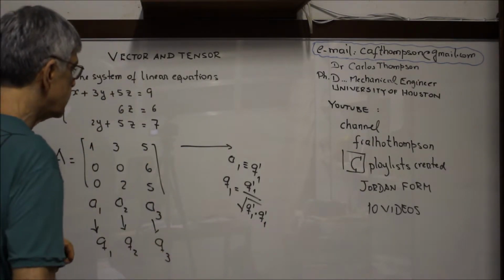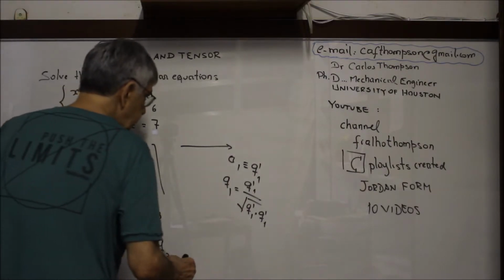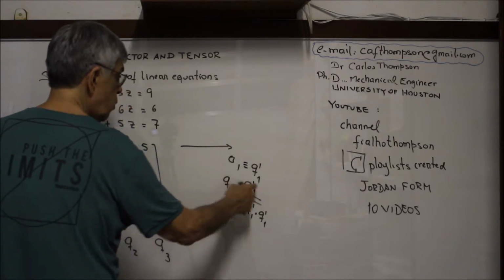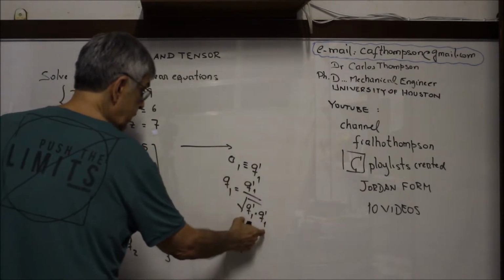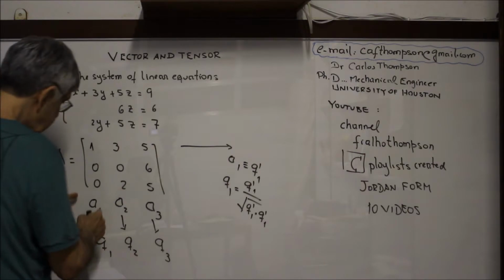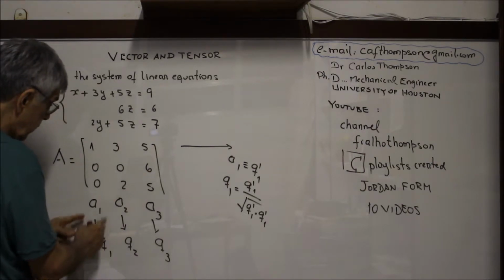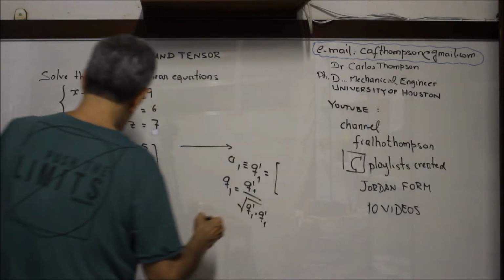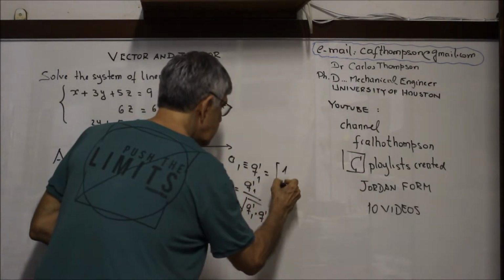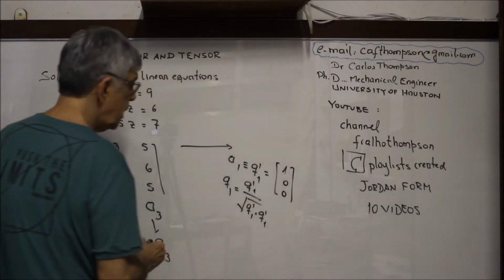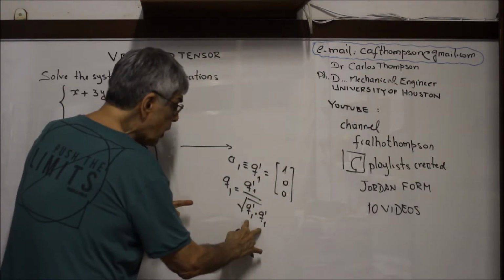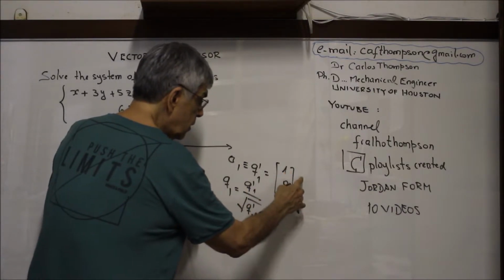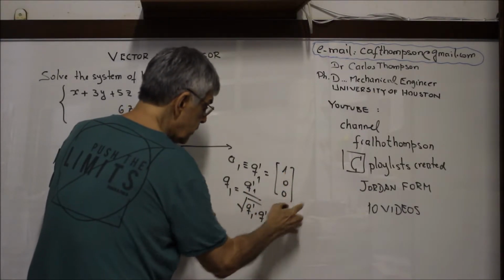Let's calculate this. Now, you can see here that Q prime 1 is 1, 0, 0. The dot product of this vector will be 1 times 1, 0 times 0, and 0 times 0.